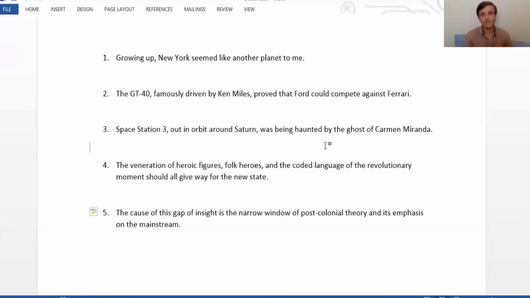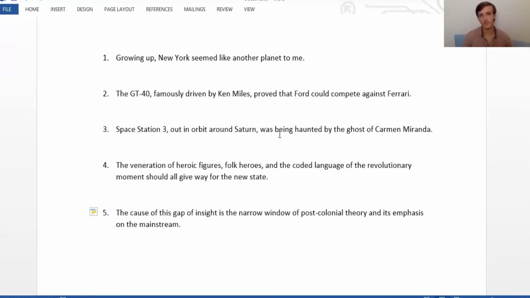we can actually make this a more active sounding sentence just by flipping our subjects and predicates. So we've got Space Station 3. Let's make that not the actor in this sentence, and instead make the ghost of Carmen Miranda the actor. But you may notice that we have all these small words: was, being, by, the, of.